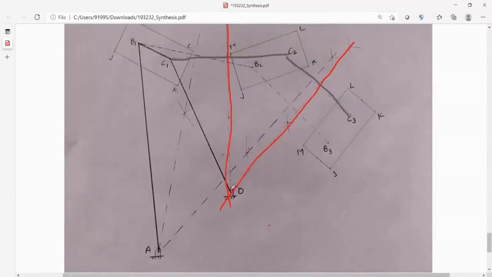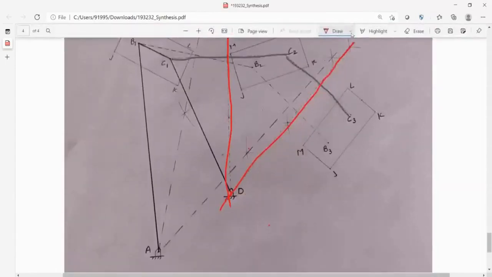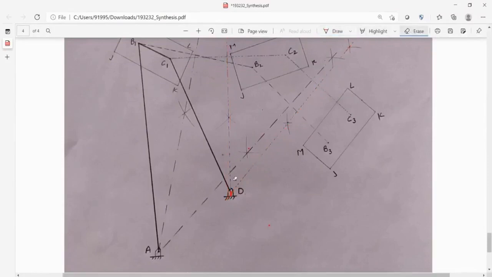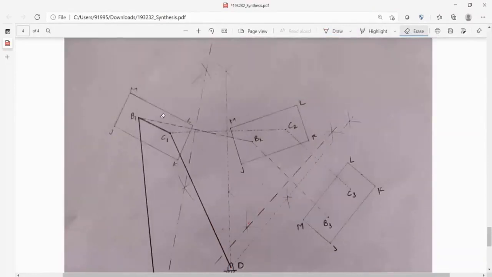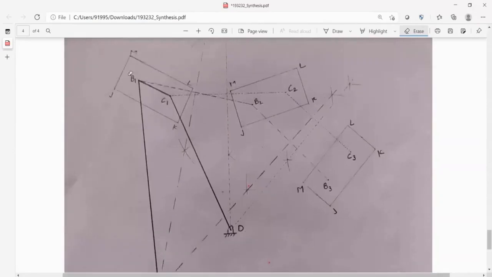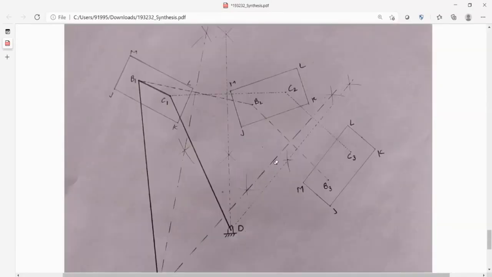So we have our D point as the second pivot point. Then we will join A, B1, C1, D. This is the required mechanism which takes the coupler B1, C1 through B2, C2 and B3, C3. Hence, we have explained the solution of all four problems.